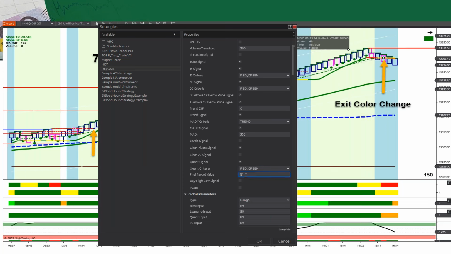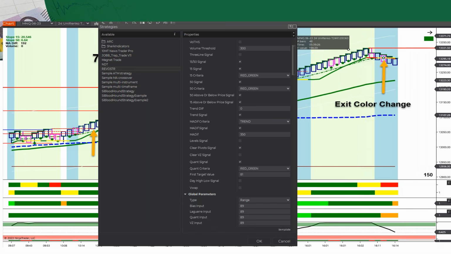Now the first target is a very important number. Why? Because our first target is 80 ticks, but it has to go to 81 ticks to get a fill. So for instance, on this screenshot behind right here, if there isn't at least 81 ticks from here to here, it will not take the trade.